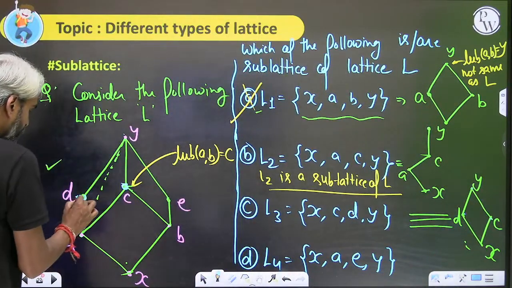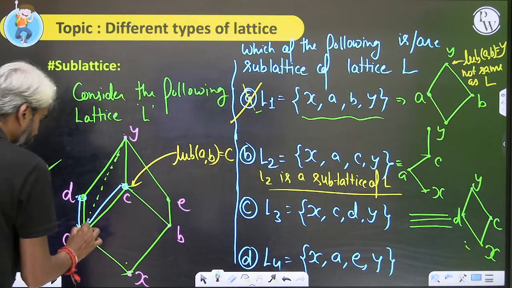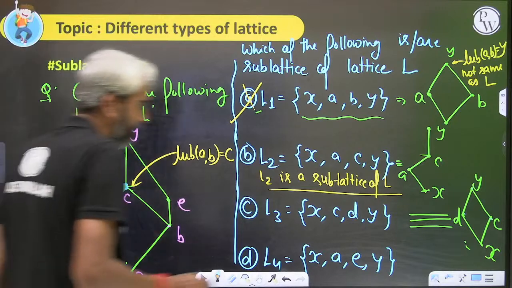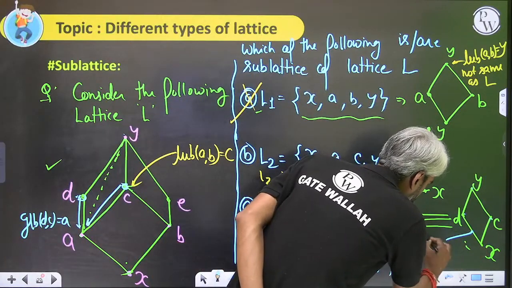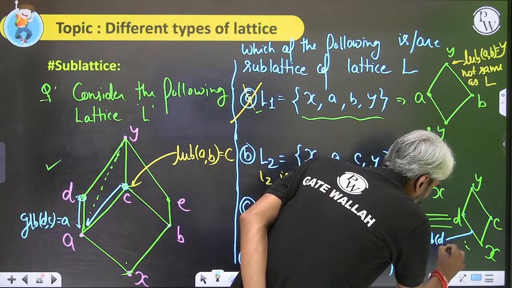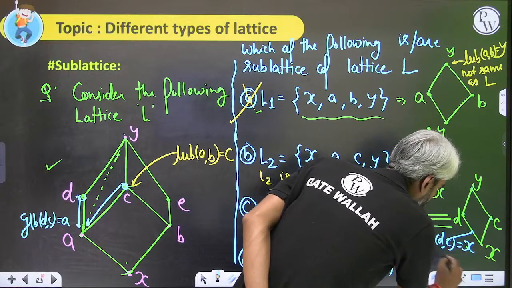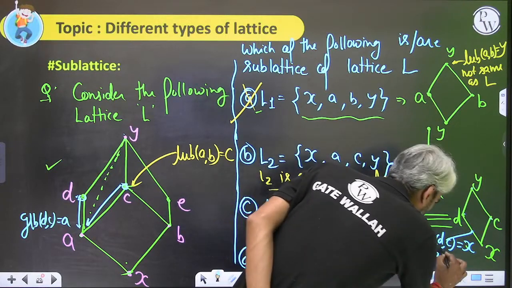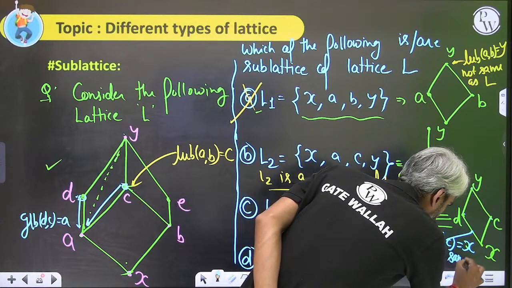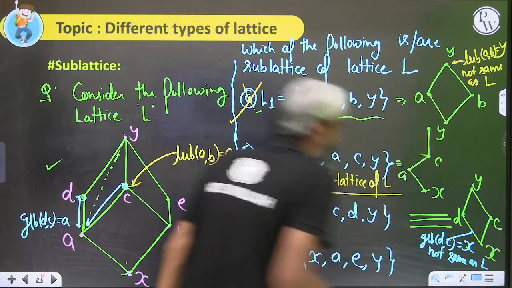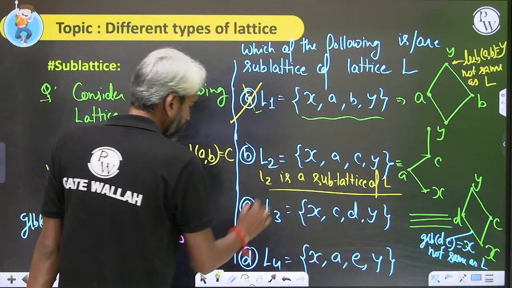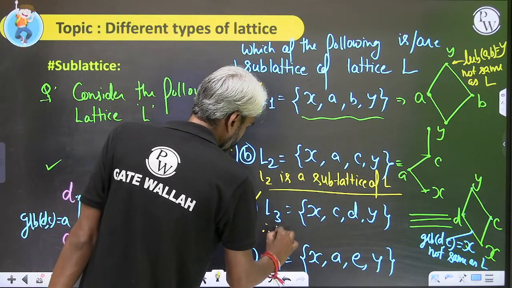But in this case, the greatest lower bound of d and c is a, whereas in L the greatest lower bound of d and c is x, not the same as L. So option C is also therefore not a sublattice.